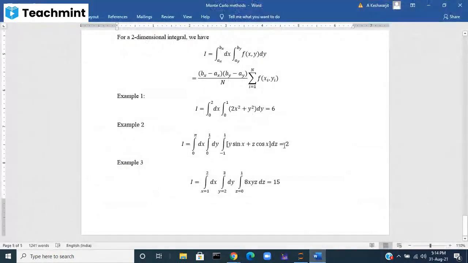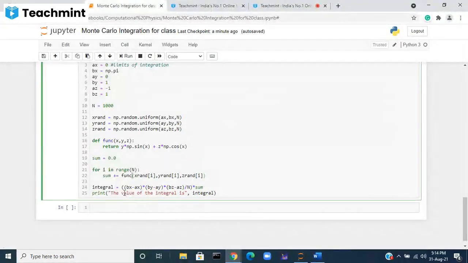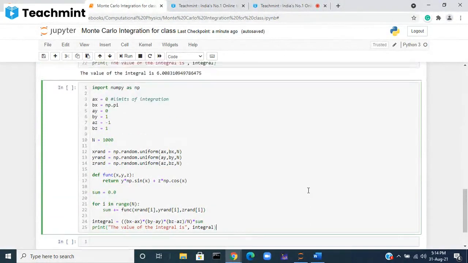Then we calculate the summation. Next, in 3 dimensions, the multiplying factor will be (bx minus ax) into (by minus ay) into (bz minus az), divided by n. So the integral equals this factor multiplied by the sum.